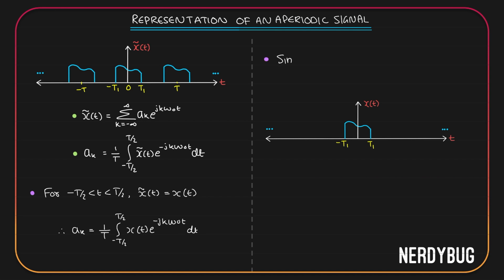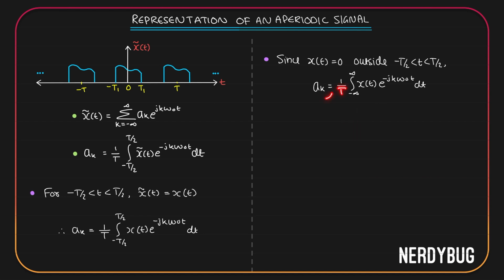Since x(t) is equal to 0 outside -T/2 to T/2, we can write a_k is equal to 1 by T integral from minus infinity to infinity of x(t) e^(-jkω0t) dt.